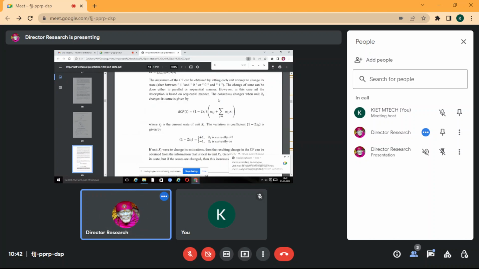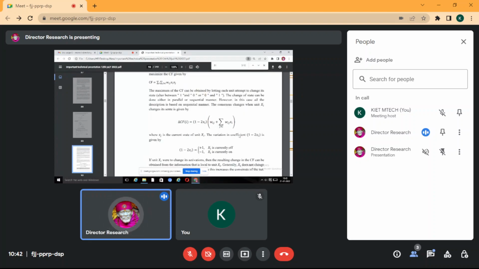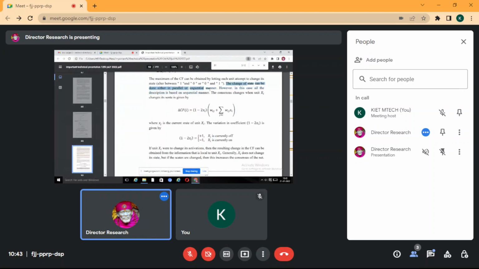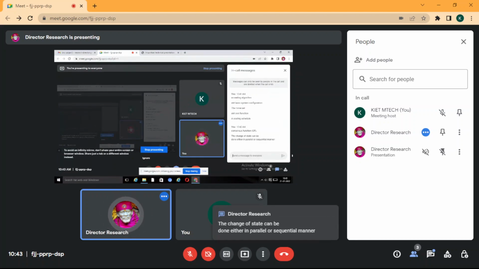Maximum consensus function (CF) can be obtained by letting each unit change its state, 1 to 0 and 0 to 1. The change of state can be done either in parallel or sequential manner.